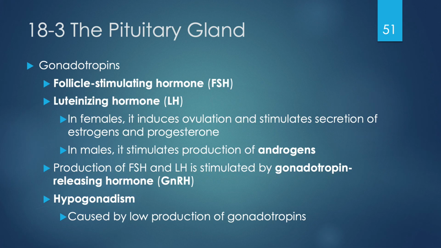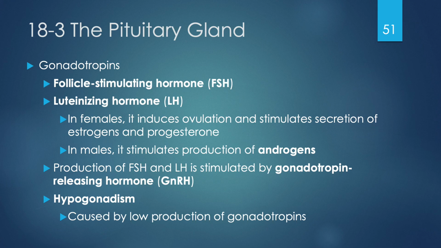The gonadotropins are hormones that act on our gonads, and this includes follicle-stimulating hormone and luteinizing hormone. In females, luteinizing hormone is particularly important because it spikes right before ovulation, which triggers ovulation, and also stimulates the secretion of estrogens and progesterone. Progesterone is particularly important in being able to maintain a placenta and therefore maintain a pregnancy.